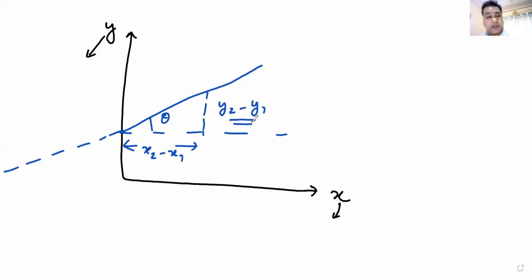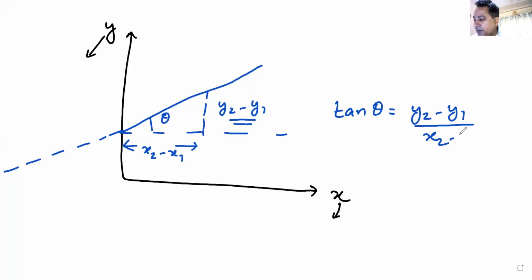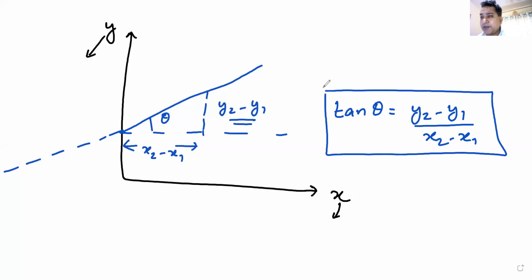And we had found the value of tan theta in the previous class. Yes, okay, great. Tan theta was y2 minus y1 divided by x2 minus x1. Now, if you all remember this, let us move ahead from this and see how we are going to expand it and bring everything into this small thing.